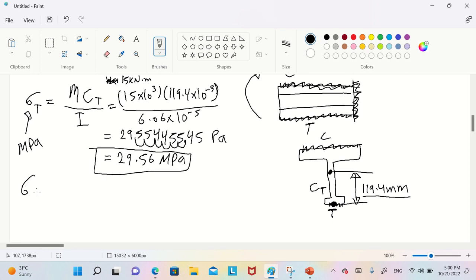Now for the compression, over I. We have the moment, we have the moment of inertia. Now we want the distance from the center of the whole thing to the maximum compression. As you remember, we have 200 millimeter for the whole height.